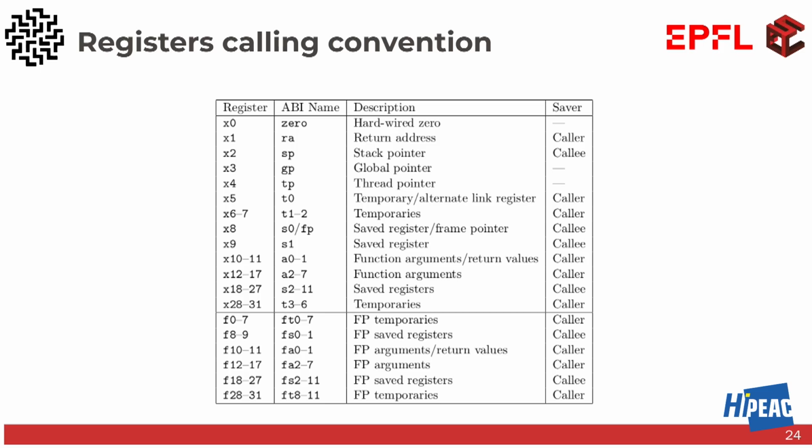Of course, because we want to have an easy life, we have some conventions when we compile. So between us, we define what the return address is usually mapped to, for example, X1. So when you compile the application, when you do return, there will be a jump to X1. But X1 is still general purpose, meaning that if you write assembly, you are completely allowed to use X1 to do whatever you like, an addition, a subtraction, and so on.